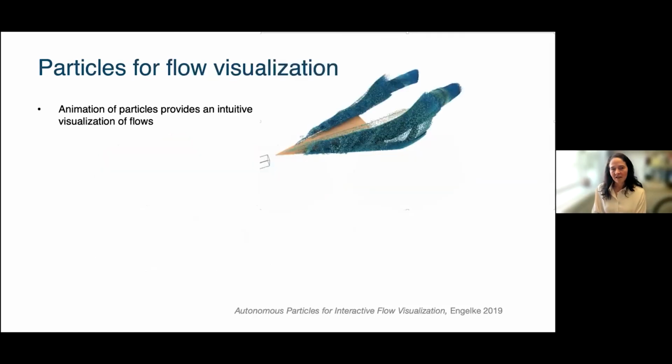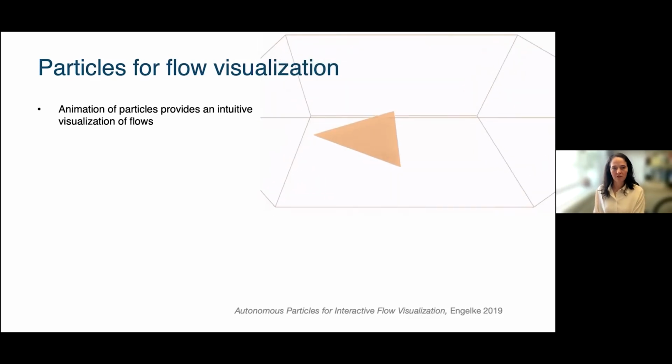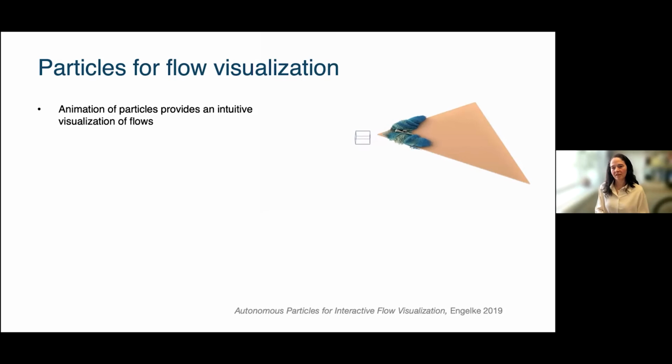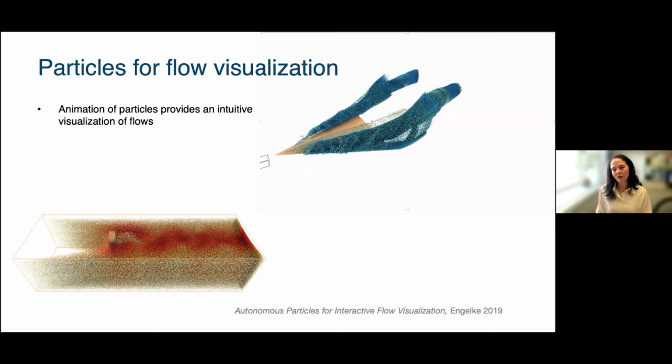Another common method for visualization of dynamic flows is particle animation. This for sure only makes sense if you do not want to show a static image, if you can look at an animation. However, here you have the same problem.